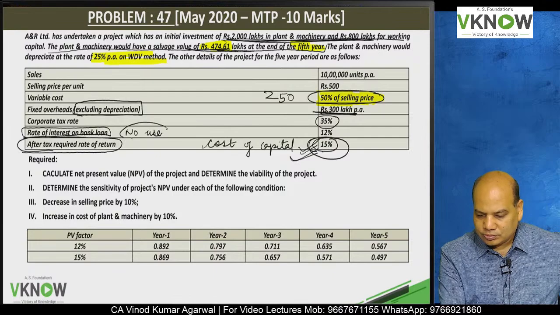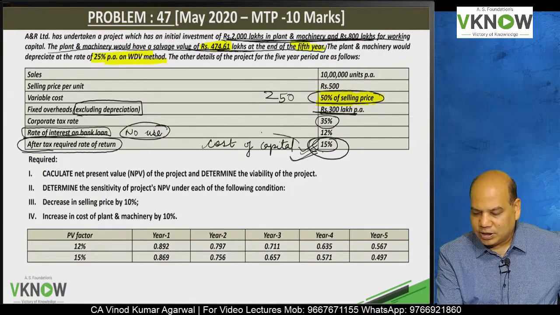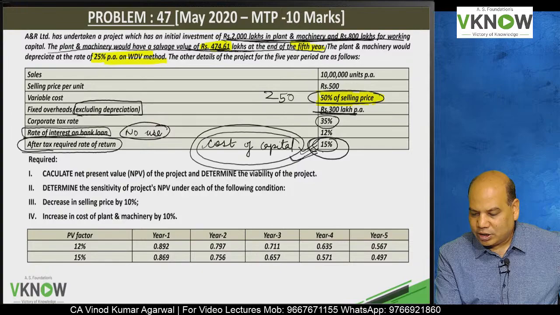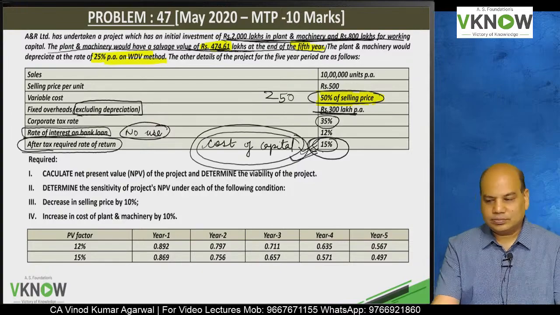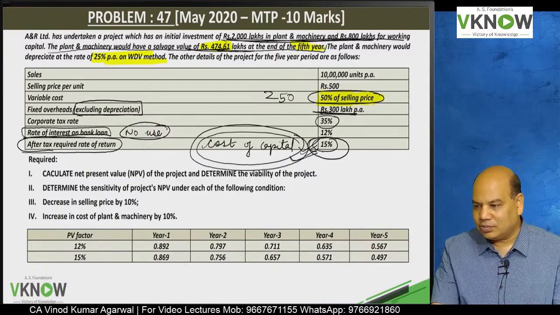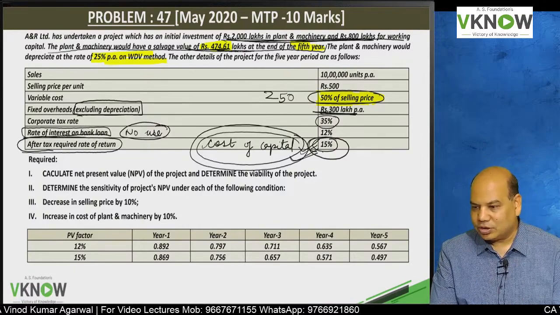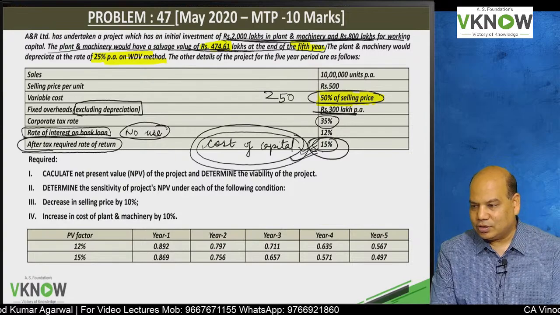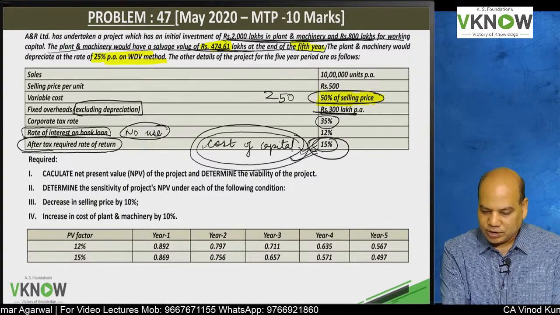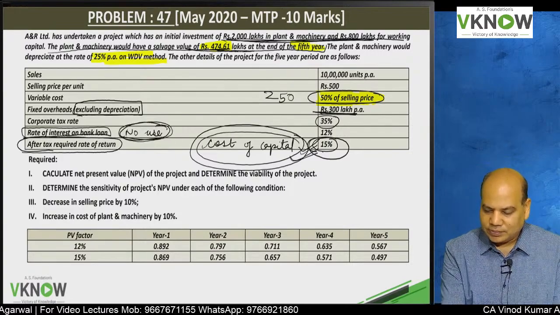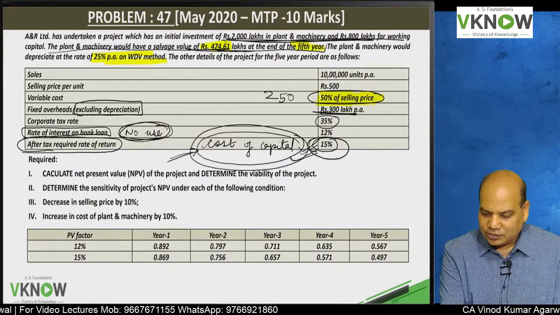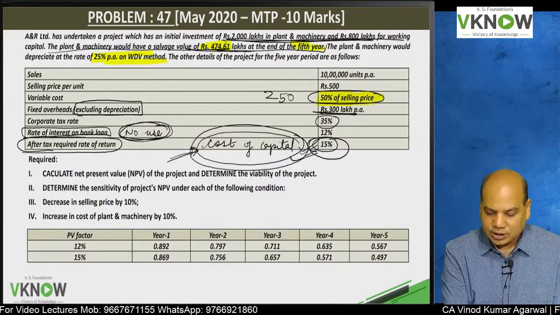No use, because capital budgeting is evaluated using cost of capital. So the interest rate is not required. It is given to confuse you. Please mark it here, not required.